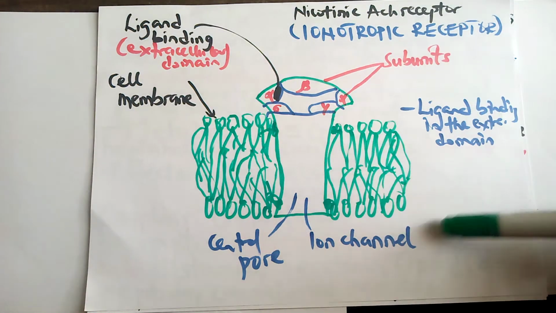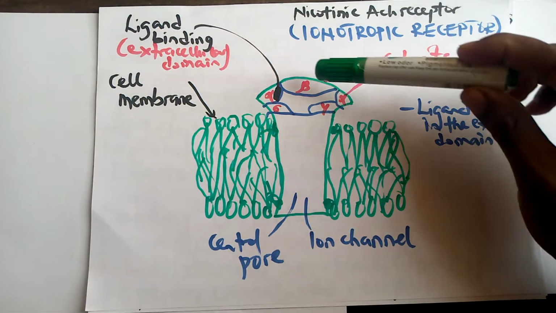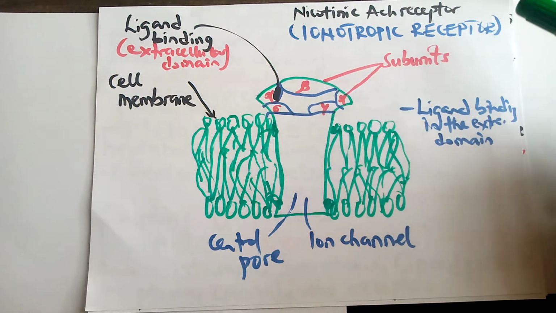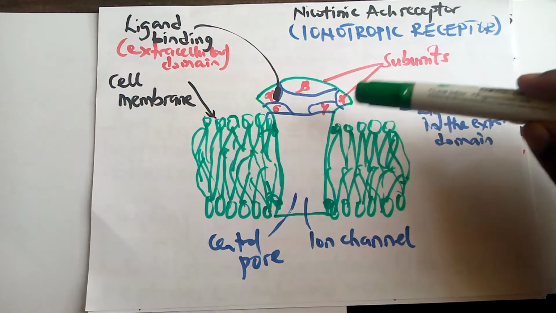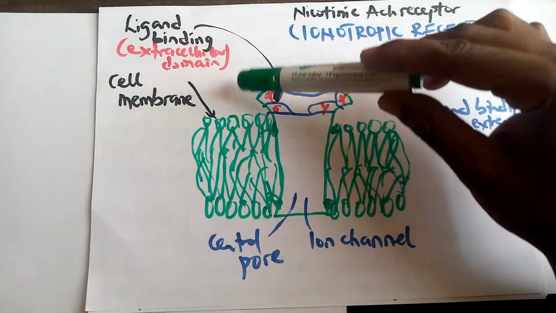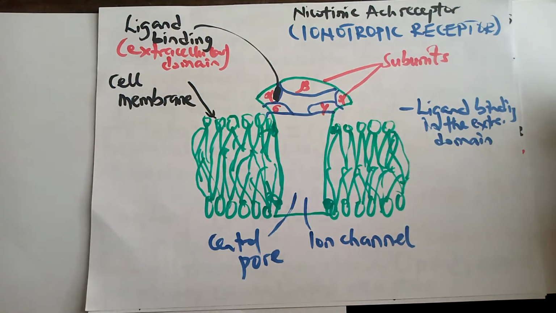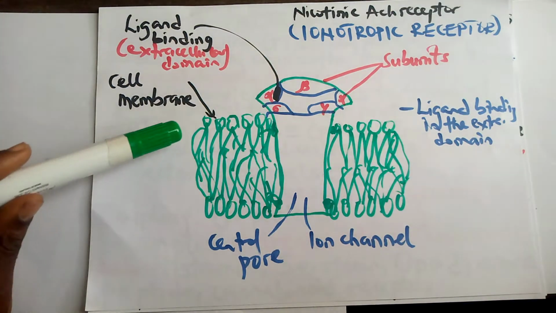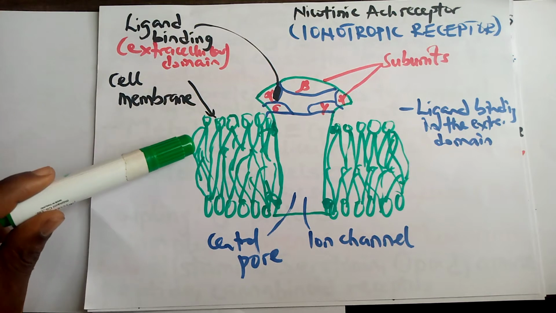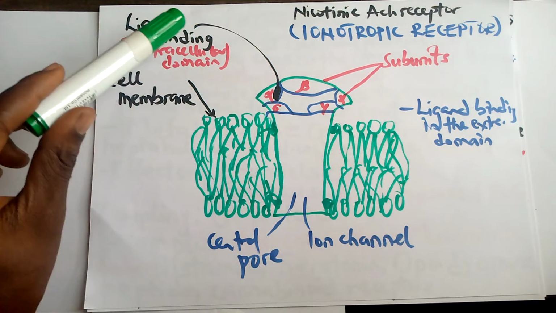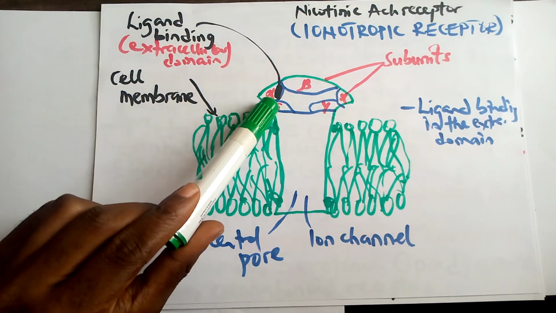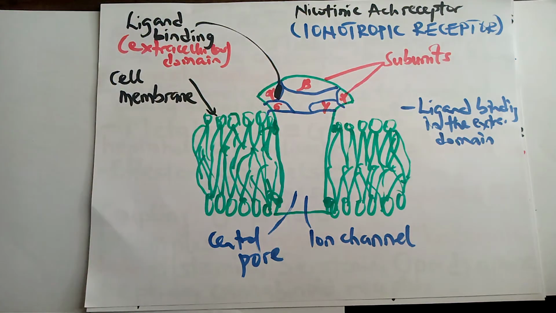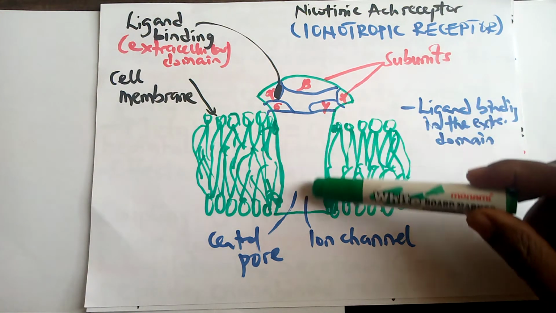If you look at the receptor very well, these are the subunits of the receptor: the alpha, gamma, beta, delta subunits. They are usually five. This is the cell membrane, this is the ligand binding site, and this is the ion channel.